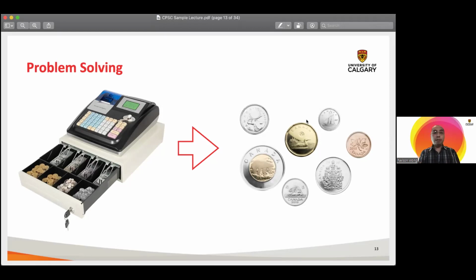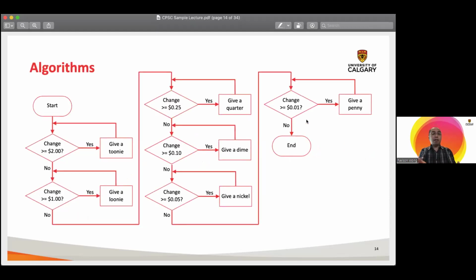Now, how do we do it? Well, we can express the algorithm using something like this, a flowchart. So how to do it? Well, we want to know how much the change is. If the change that we need to give back is greater than or equal to $2, then we give a toonie back to the customer.